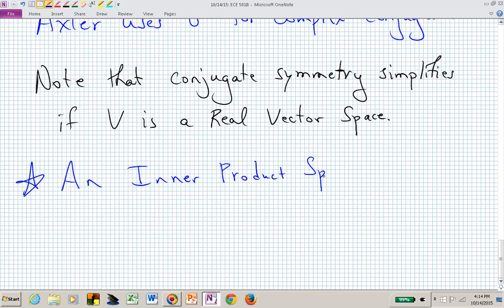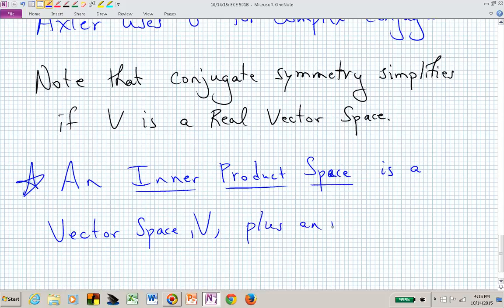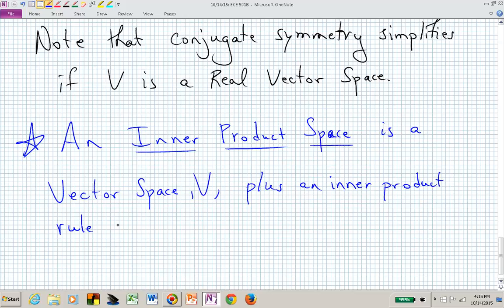An inner product space is a vector space, let's say V, plus an inner product rule on V.